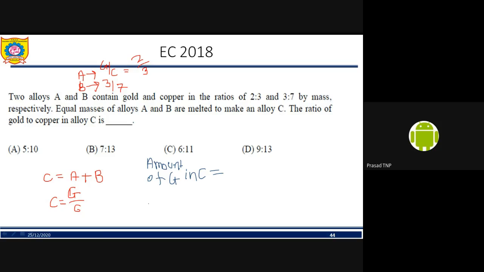But initially we should calculate the gold in alloy A and the gold in alloy B.